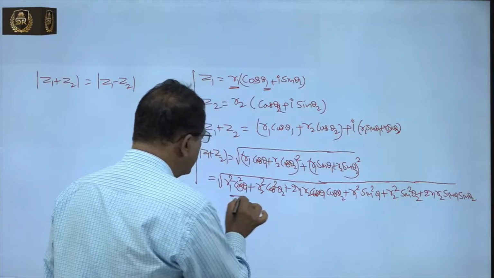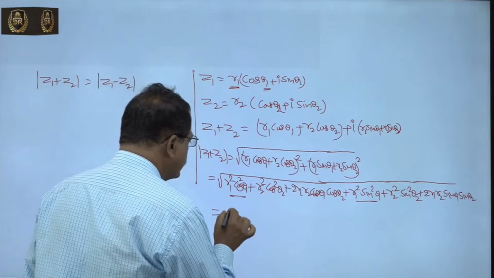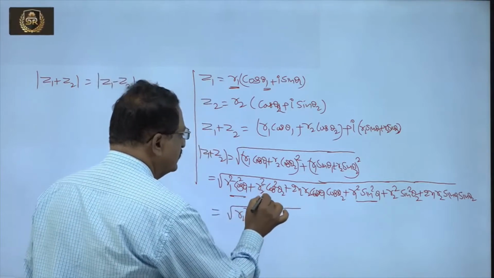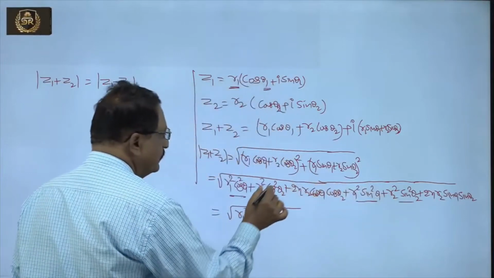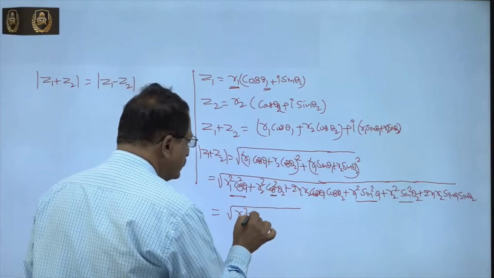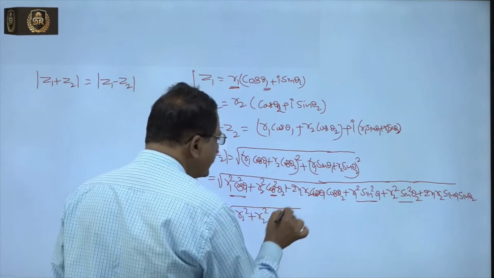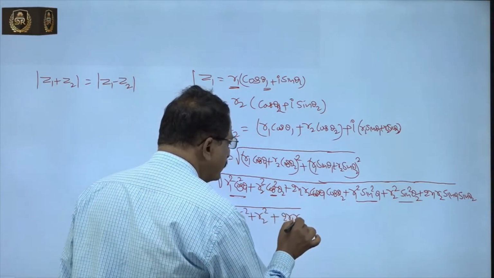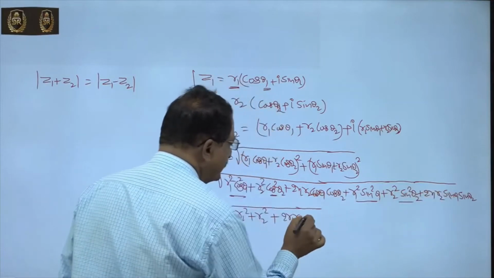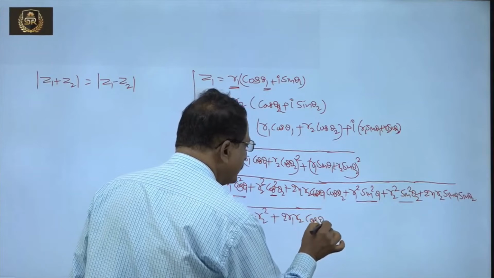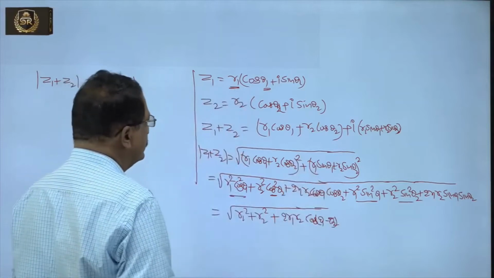Now here r1 square cos square theta 1 plus r1 square sin square theta 1 gives r1 square. Similarly r2 square cos square theta 2 plus r2 square sin square theta 2, taking r2 square common, gives r2 square. Next, in the remaining two terms, taking 2 r1 r2 common, we get cos theta 1 cos theta 2 plus sin theta 1 sin theta 2, which is nothing but cos of theta 1 minus theta 2.